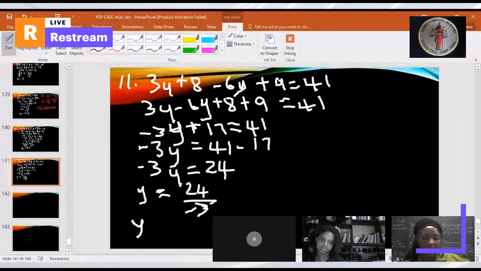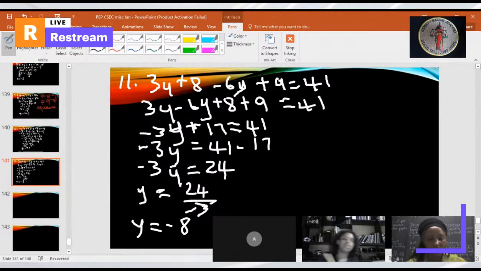All right, plug that back in and see if you end up with this on both sides. So 3 times negative 8 minus 6 times negative 8. 3 times negative 8 is negative 24.